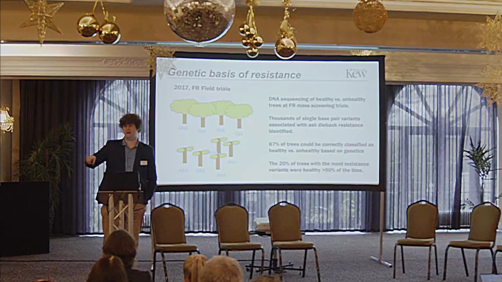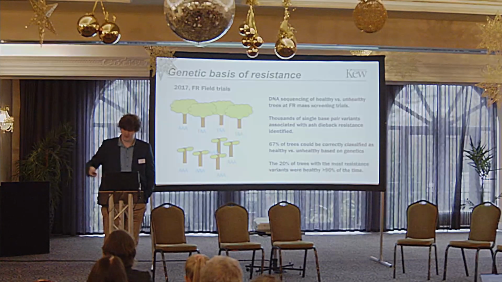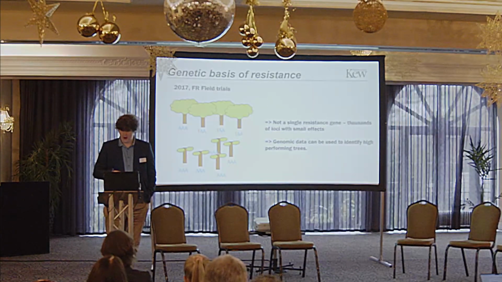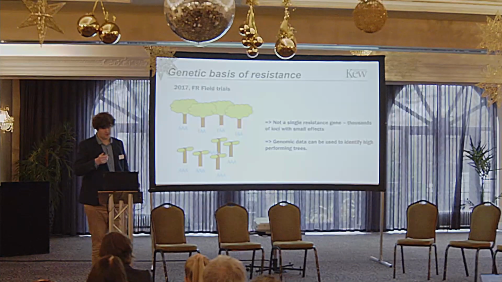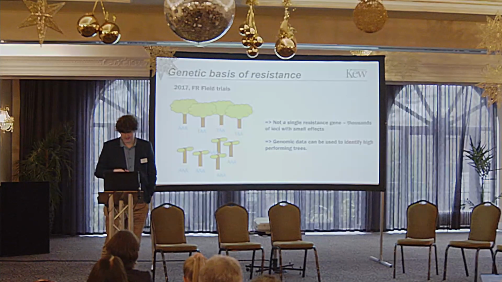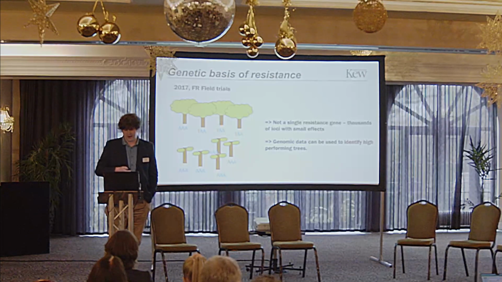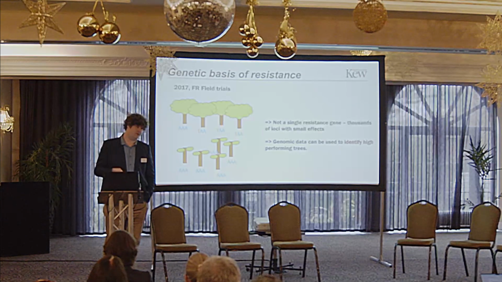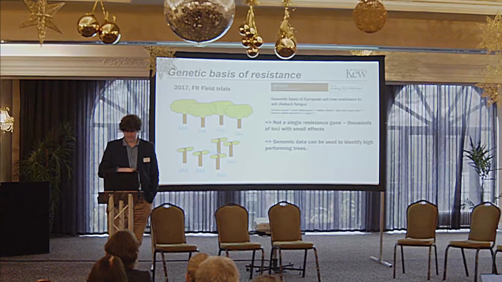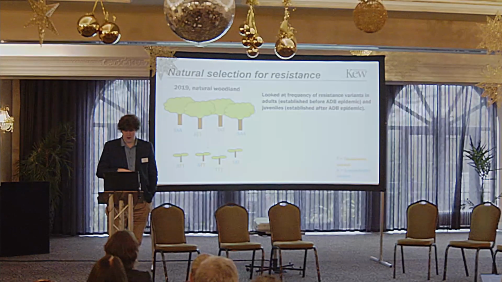So you could use it to get a pretty good idea of which your best trees might be to go forward with. And the take-home message from this is, yes, that there's not a single resistance gene, but there are lots of them, and also that genomic data can be used to identify these high-performing trees. And that was published in this paper.